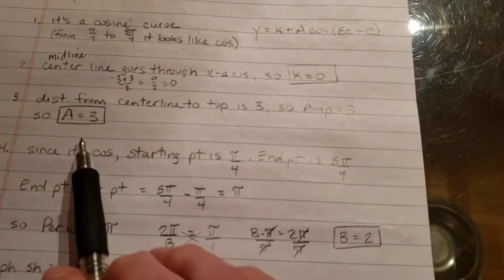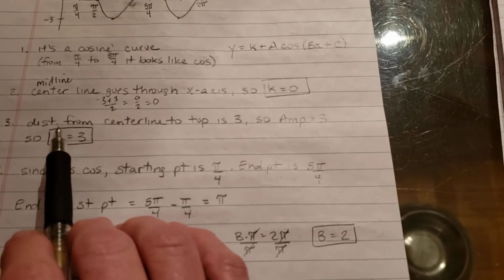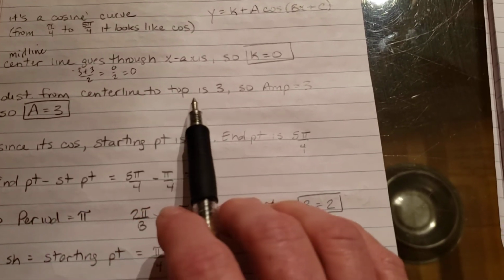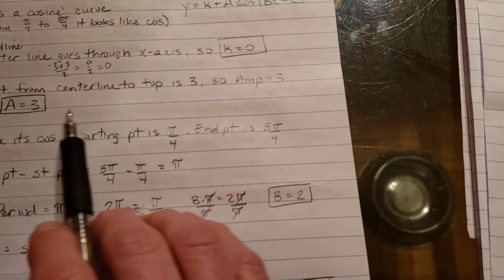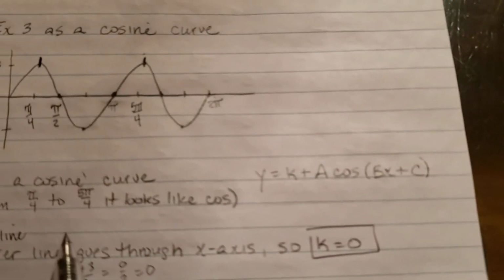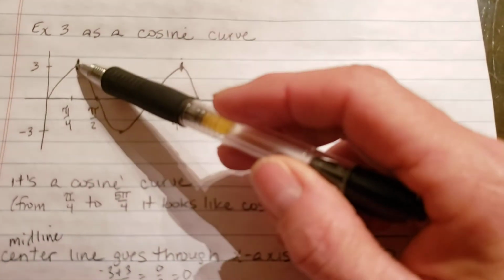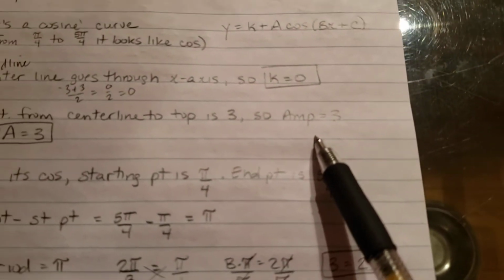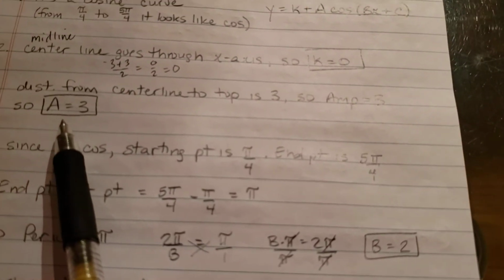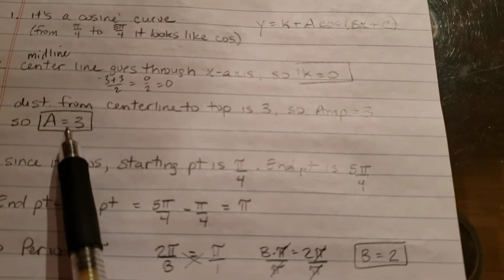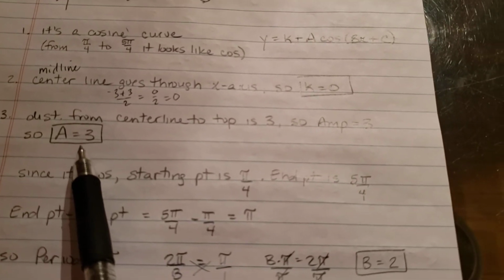The amplitude is the distance from the center line to the top of the graph. For this graph, the distance from the center line to the top is 3. So our amplitude is 3, and our amplitude is a. So a is equal to 3.